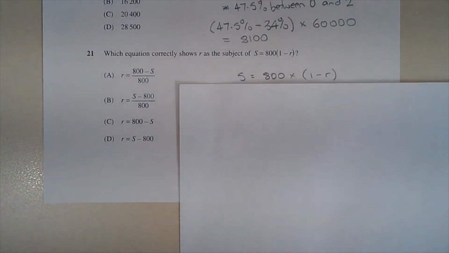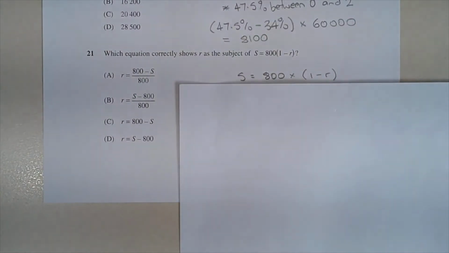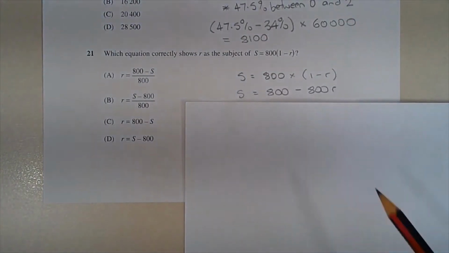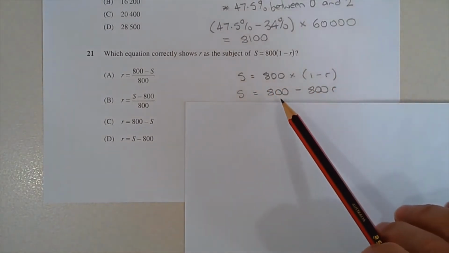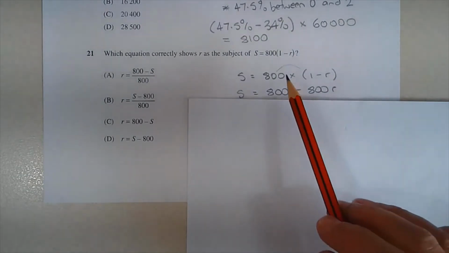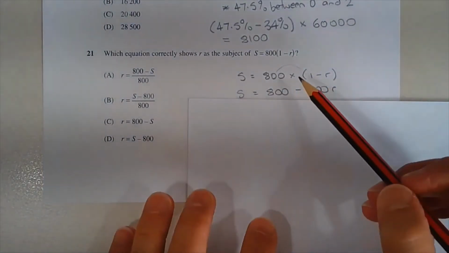Next, we'll need to expand the brackets. That means removal of the brackets by multiplying every term inside the brackets by 800. And we get S equals 800, so 800 multiplied by 1 gives us 800. And 800 multiplied by negative R gives us negative 800R.